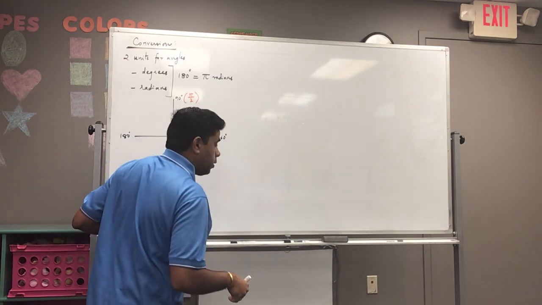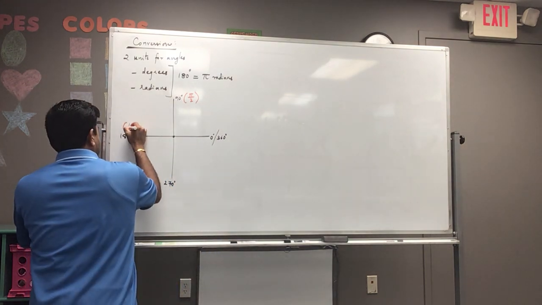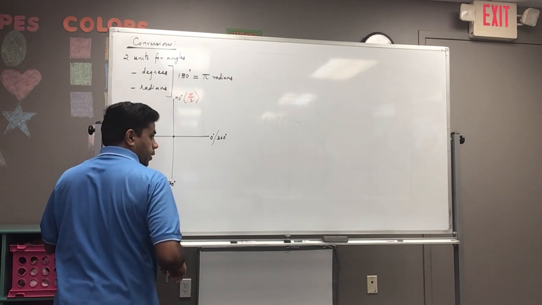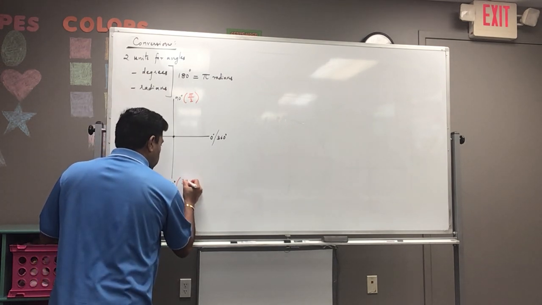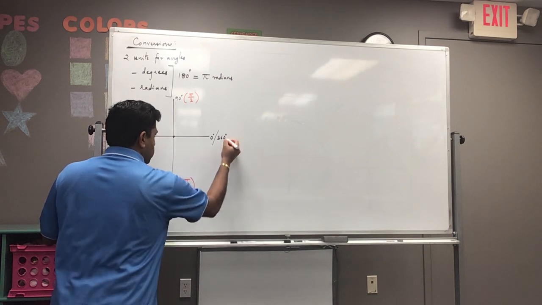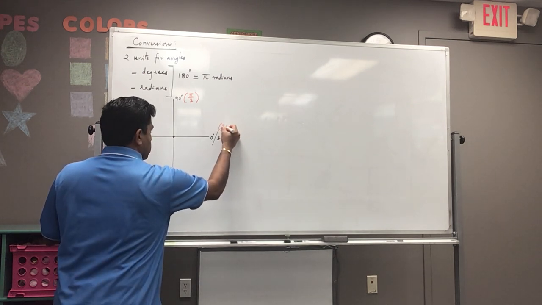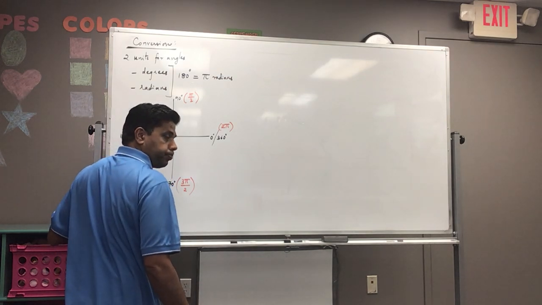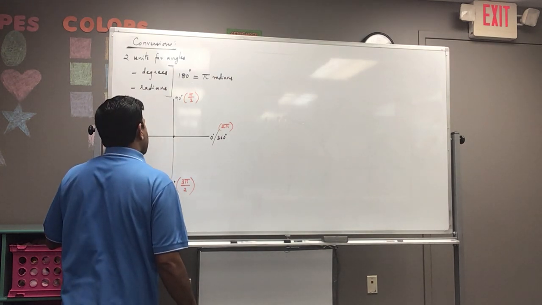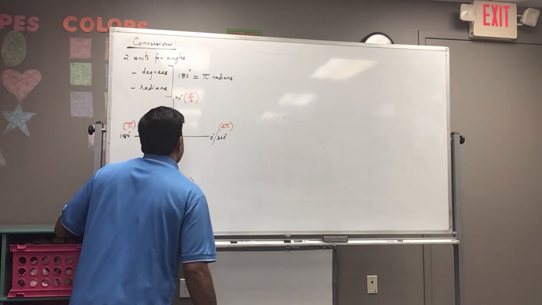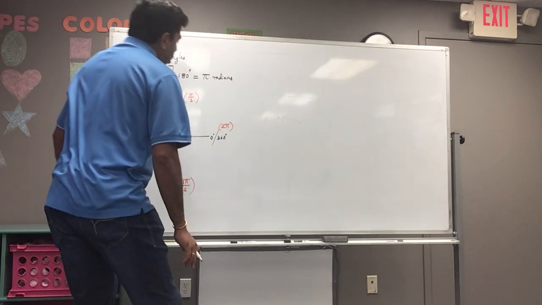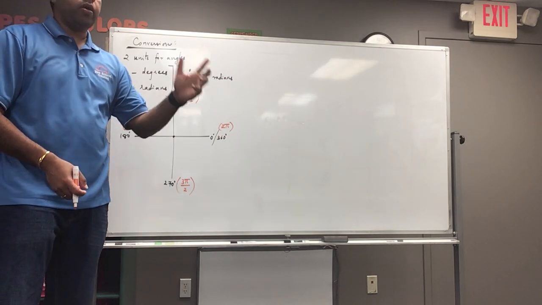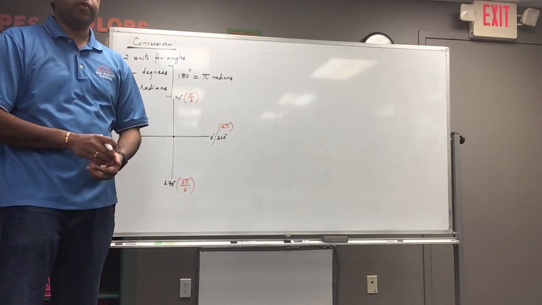Half of 180. This will be pi radians. What should be this one? Quickly. 3 pi over 2 radians. And this should be 2 pi radians. Sounds good? So when we draw XY plane, it can be in radians or in degrees. Okay?